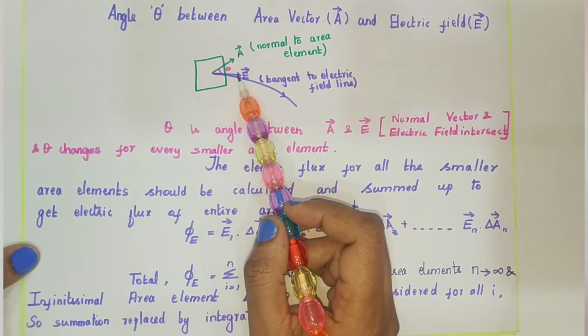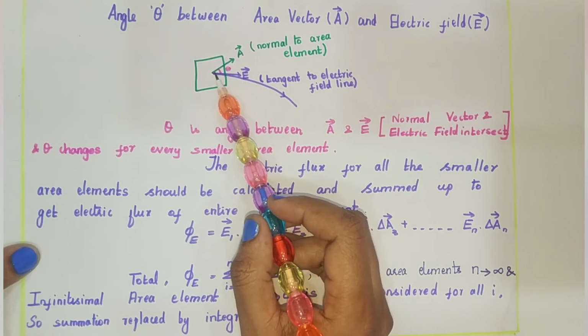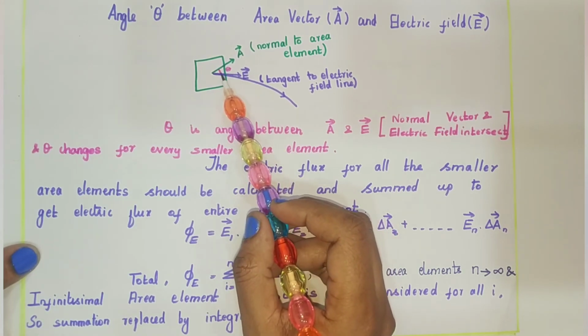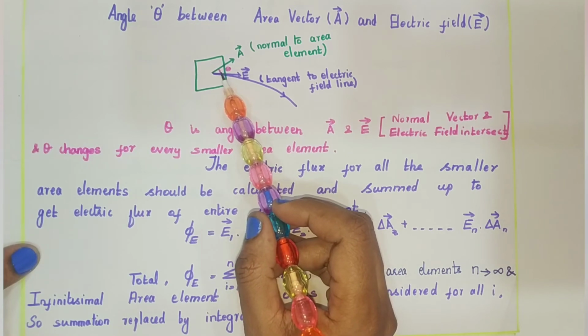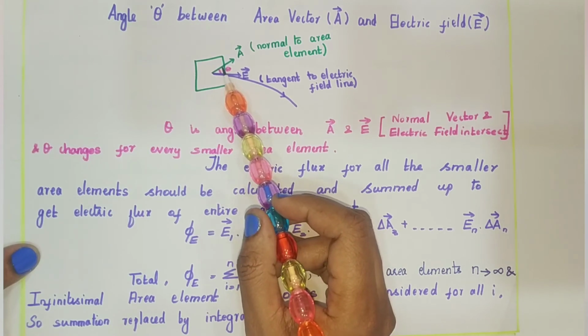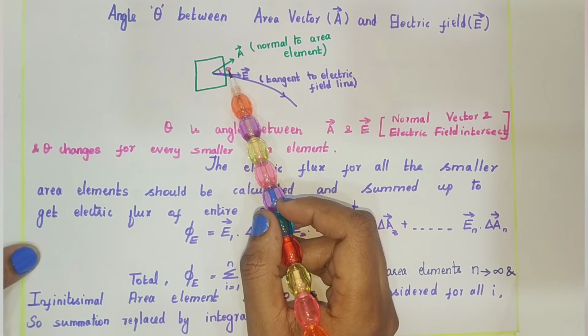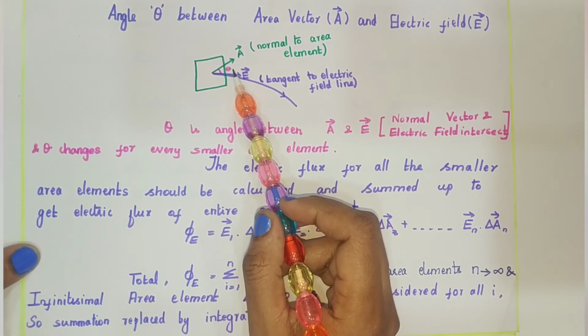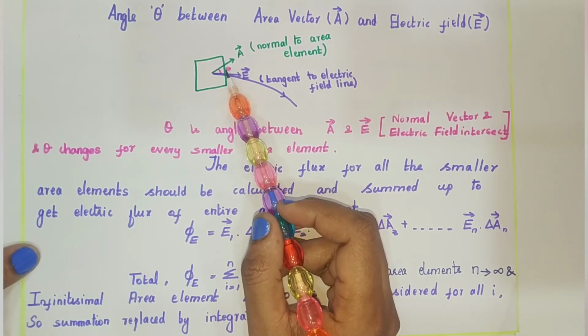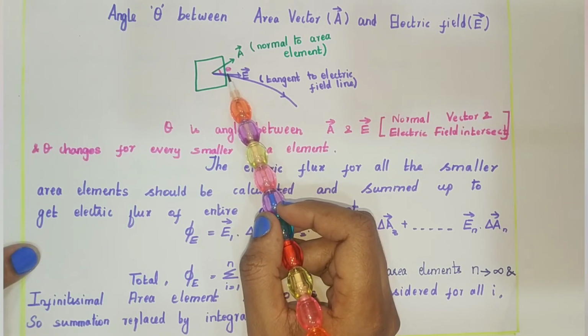So I have drawn a tangent to this field line, and at the point of intersection of the E vector and A vector I give the angle theta, and this angle theta changes for every smaller area element. Since it is an irregular shaped area element, theta will be changing.